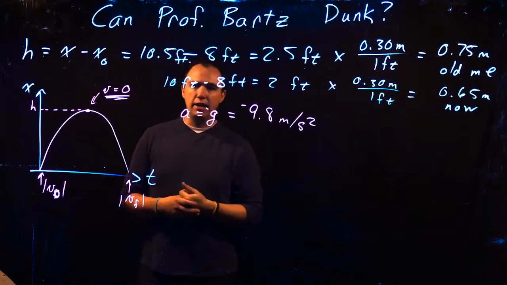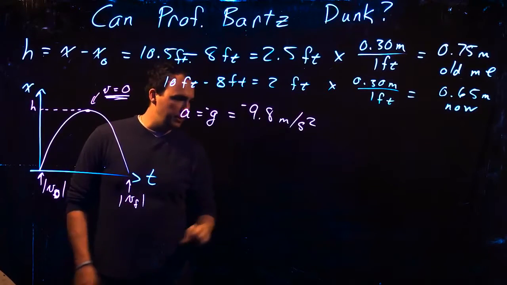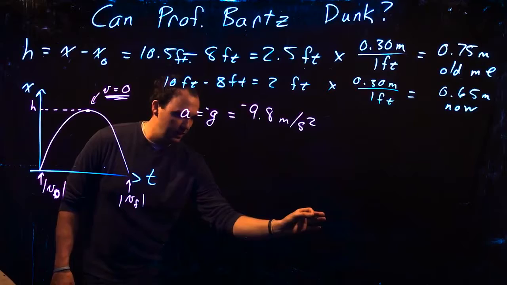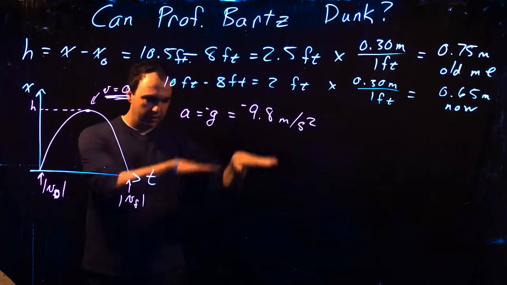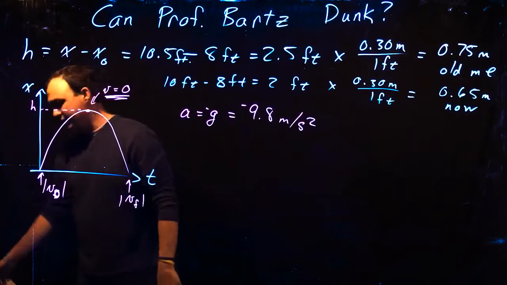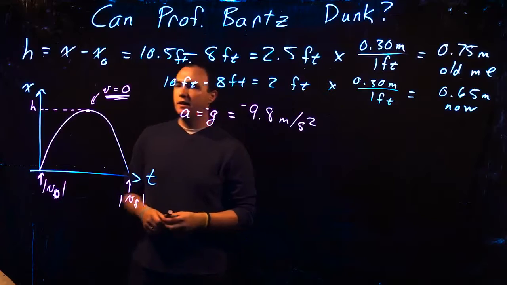So if I jumped in the air and somebody sitting next to me held a rock, and right as I got to the top, next to my feet, they let it go, the rock and I would follow the same path and land at the same time, right? So it's just free fall motion from the top of the jump.